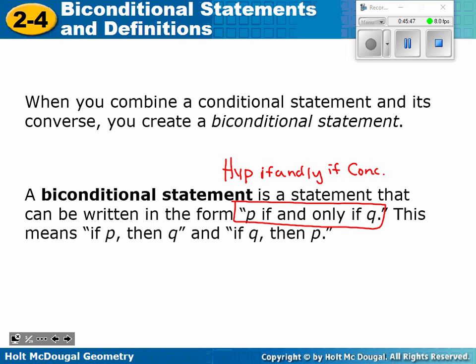Or we could go over here and write a false biconditional. You make a 90% if and only if you make an A. But that's not true, right? So you can write a biconditional and it turns out to be false if they're not both true. So make sure they're both true.